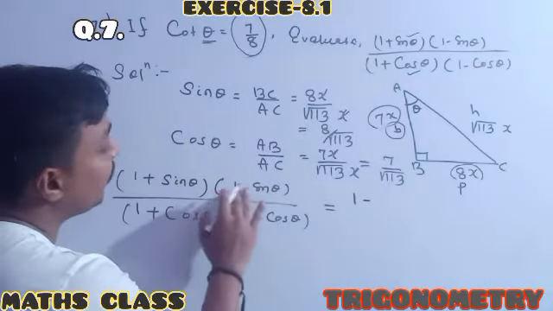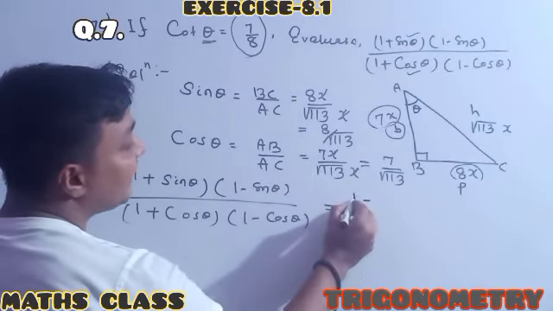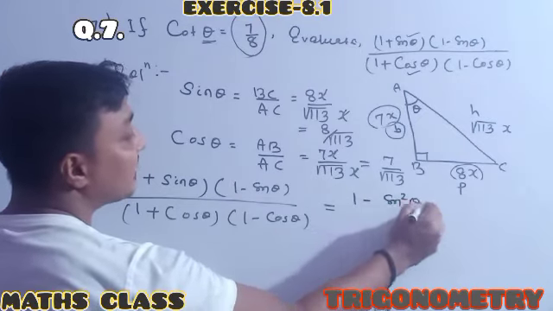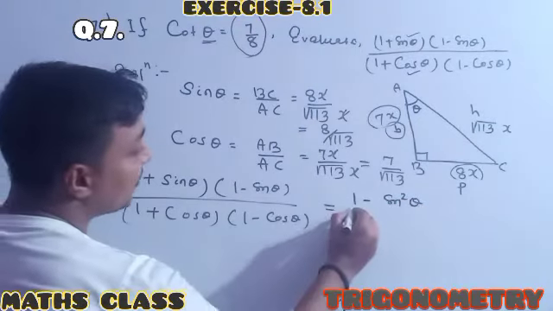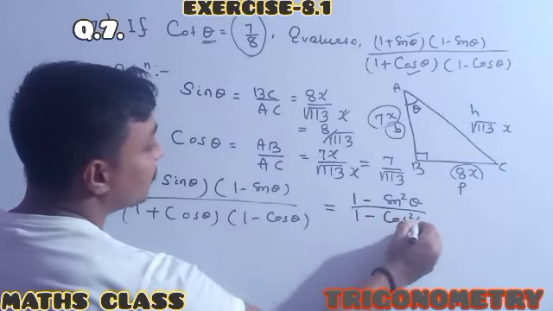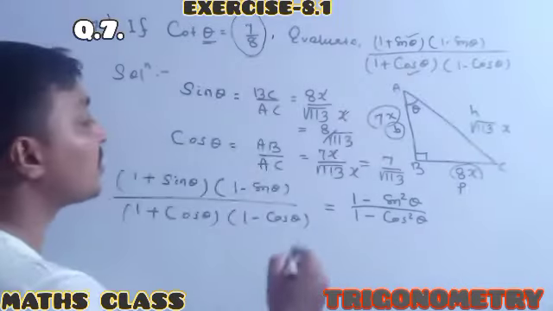So a square means 1 square, which is 1, minus sin square theta, divided by 1 minus cos square theta.